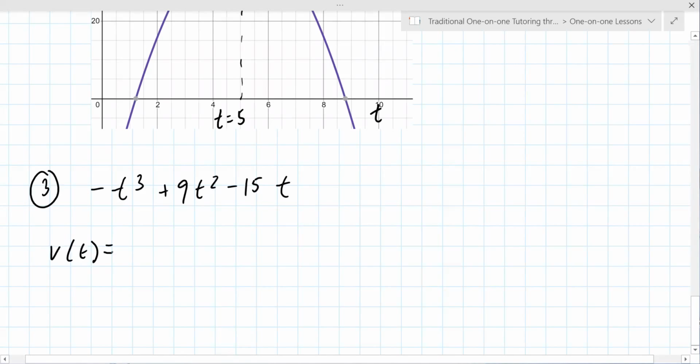How do you find that? The derivative. So that's minus 3t squared plus 18t minus 15. It asks when the velocity is 0, so you set this equal to 0, and this is now a pre-calculus algebra 2 question. It's simply factoring.